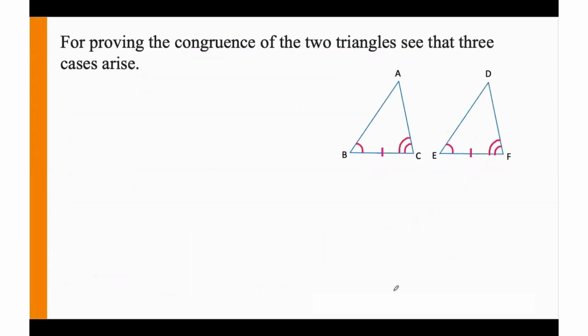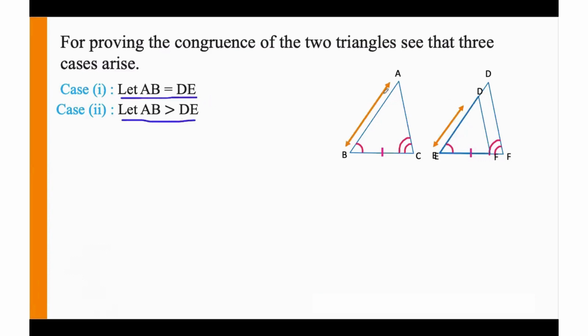So in this case, for proving the congruency of these two triangles, there are three cases which arise. Case 1 is where AB is equal to DE. Case 2 is where AB is greater than DE. So we have to visualize something like this, that DE is a little smaller than AB. So triangle DEF is a little smaller.